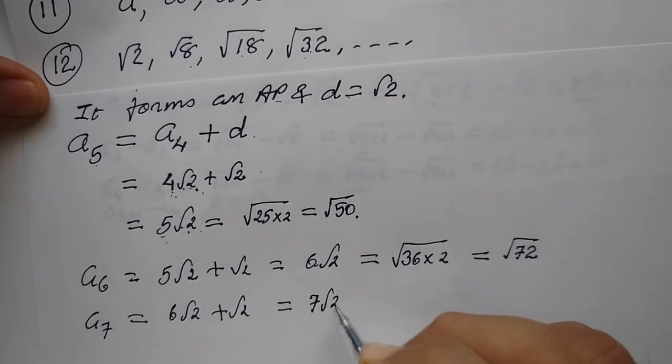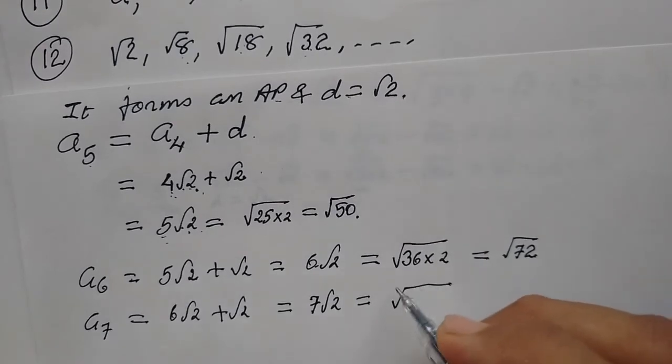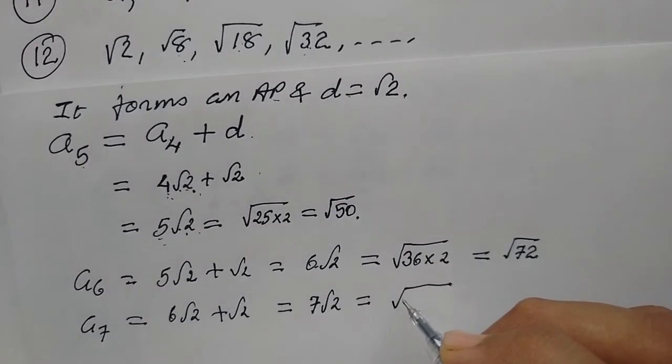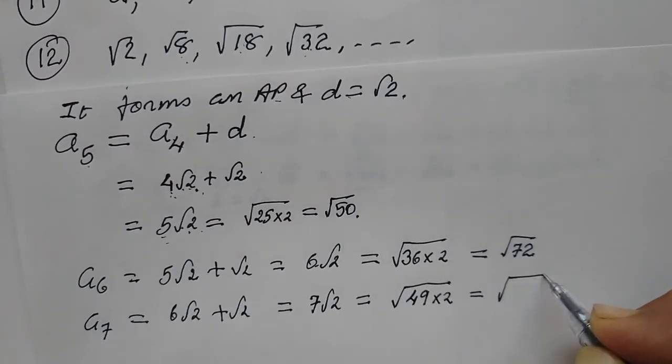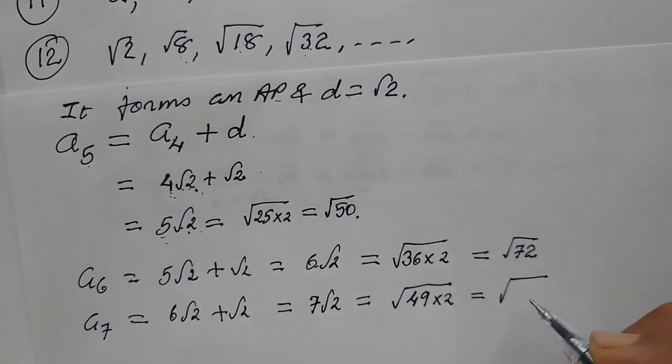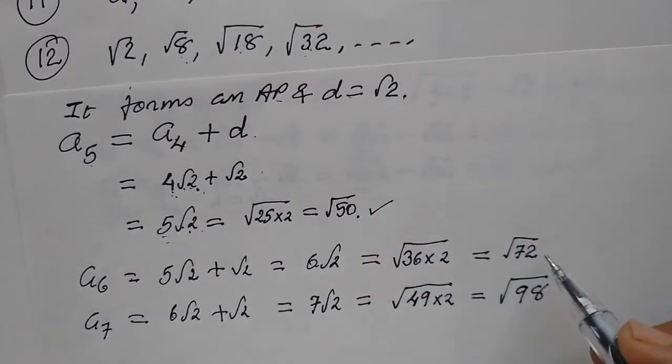So it is 7 root 2. Inside it will go, it is 49 into 2. Okay. Then it would be 98. Clear? So these are the A5, A6, A7.